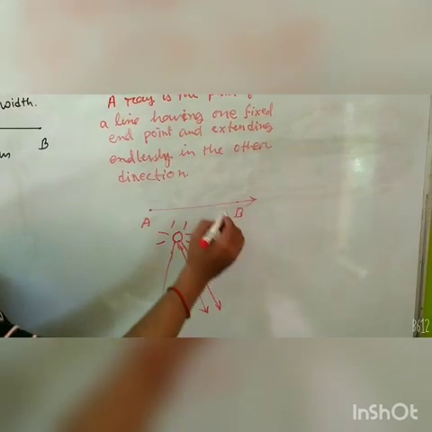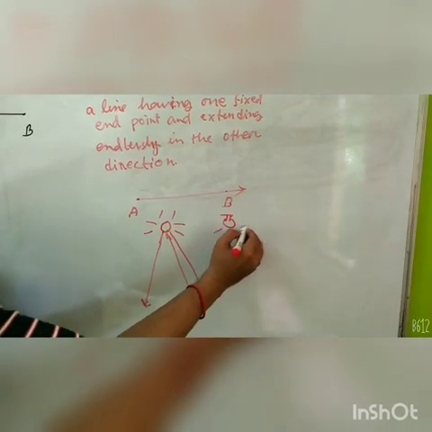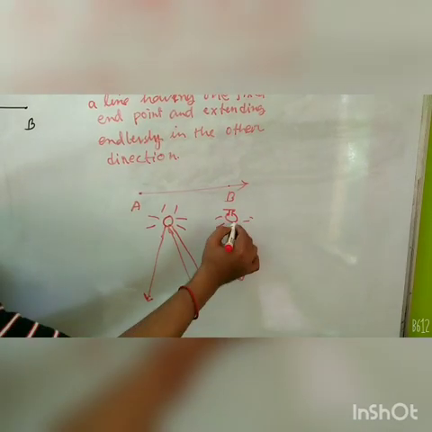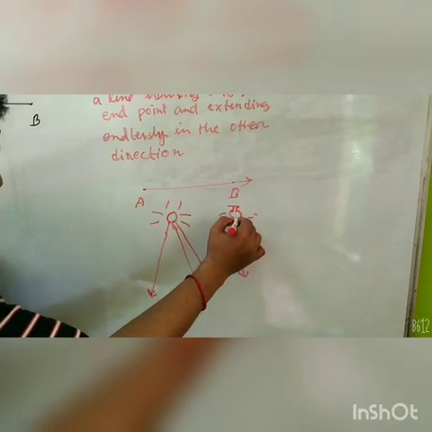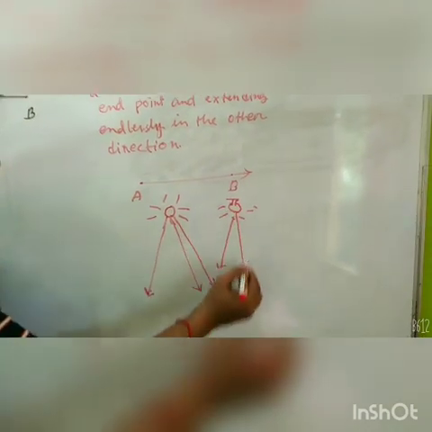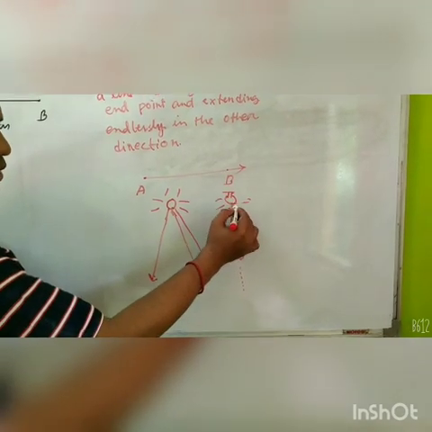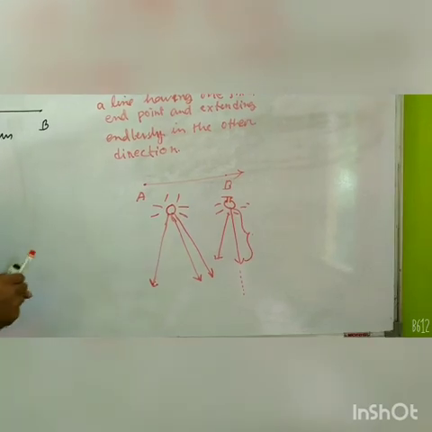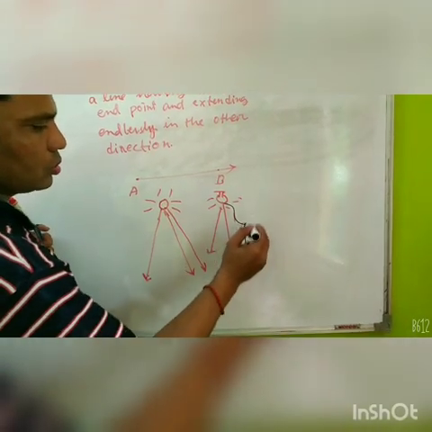Or suppose in a room, this is a bulb. Starting from here, this is a ray. This is the start, one endpoint, the bulb, and this is endless. Such a line is called a ray.